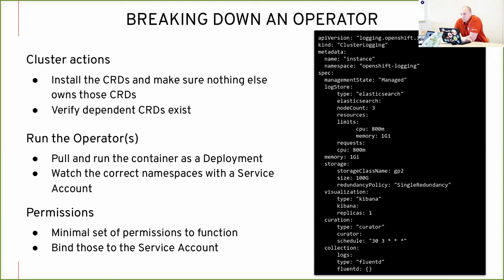And when you create such a file in your OpenShift cluster, the operator will automatically pick up this configuration file and will execute the process of installing the log aggregation functionality.